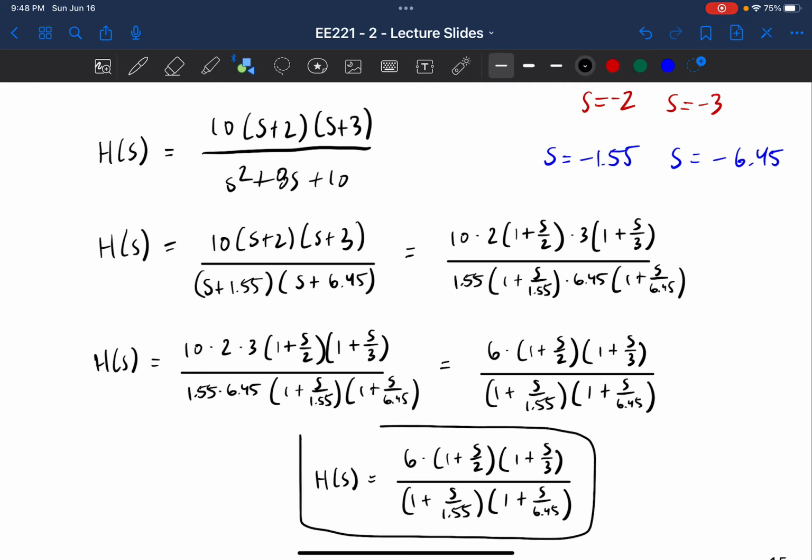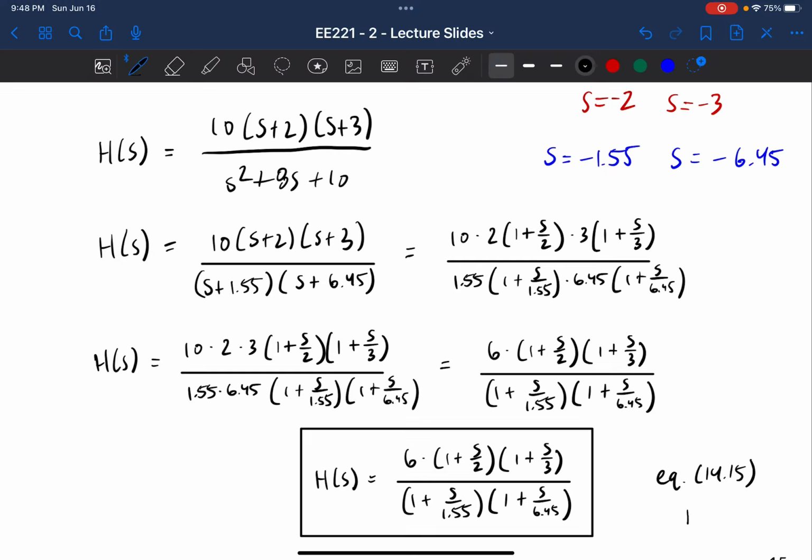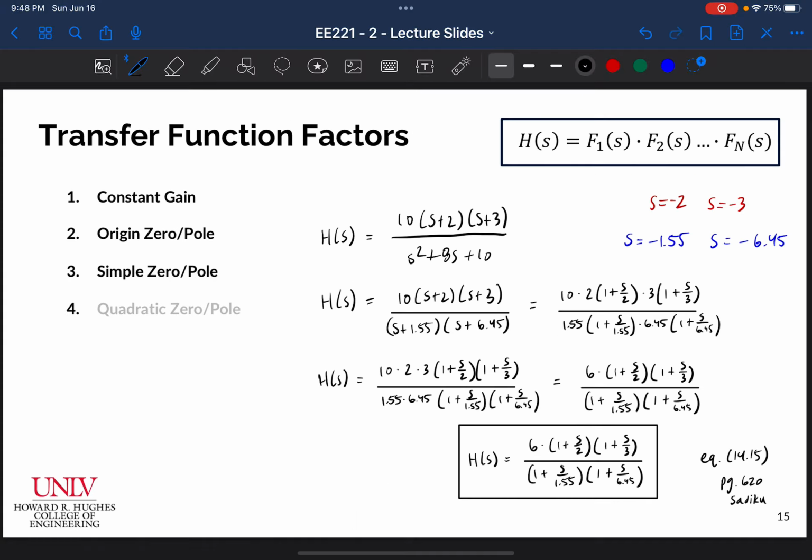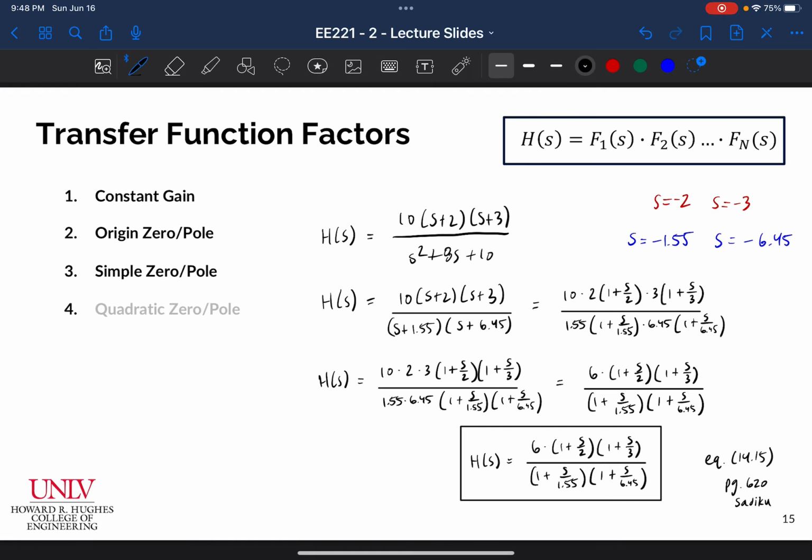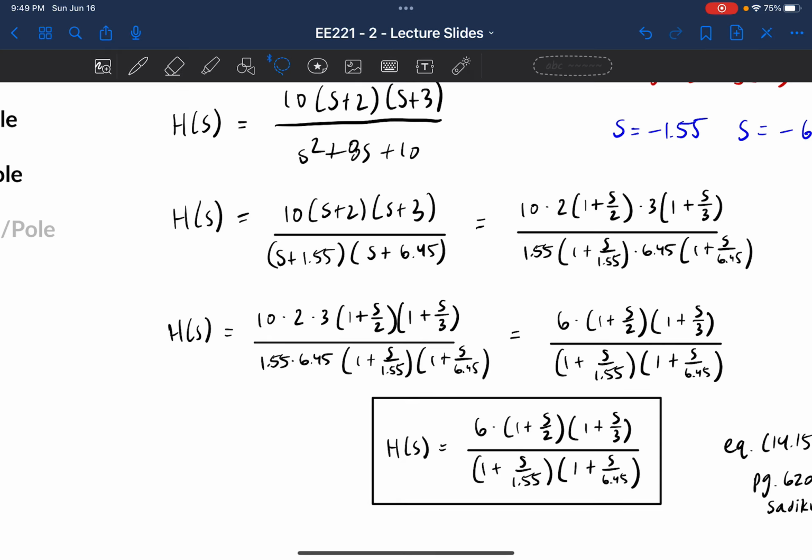If you want to look at the transfer function standard form, it's equation 14.15 on page 620 of the SATIQ textbook. I'm not going to write out the general form because it's very long, but you can see the way they write this equation out.